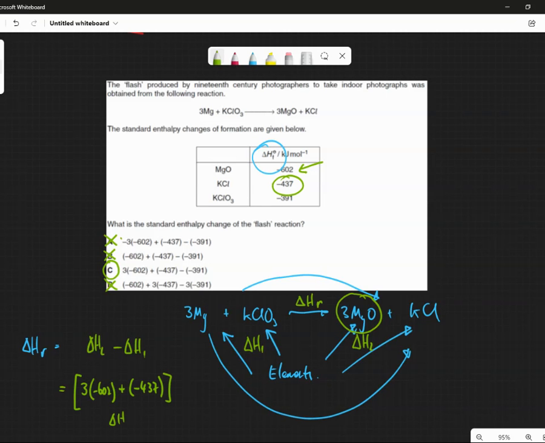All of this is delta H2 minus delta H1. The formation of magnesium from magnesium is 0 because it's an element. Now I have to form potassium chlorate, which is minus 391, and this term is delta H1. Do we all understand that? And obviously the answer is C.